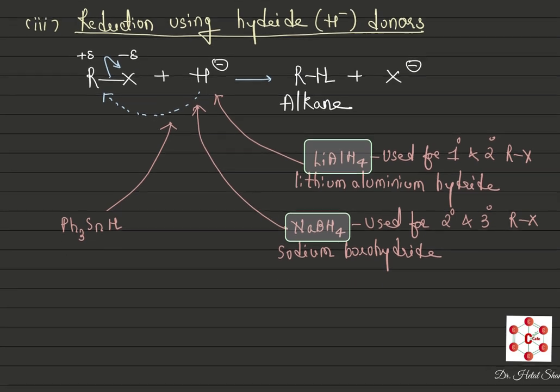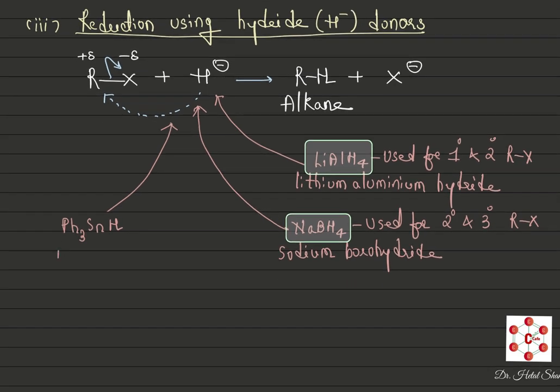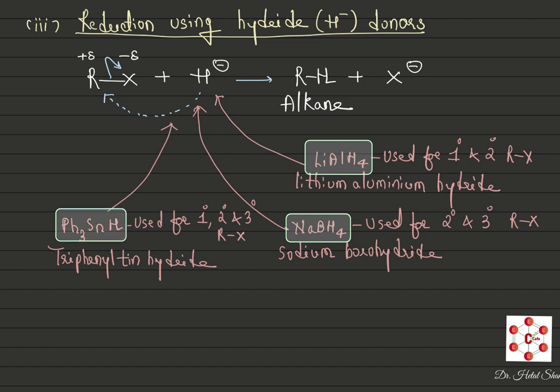This is called triphenyl tin hydride, and this is used for primary, secondary and tertiary RX. So this is the most versatile of all of them. Most versatile of all of them.